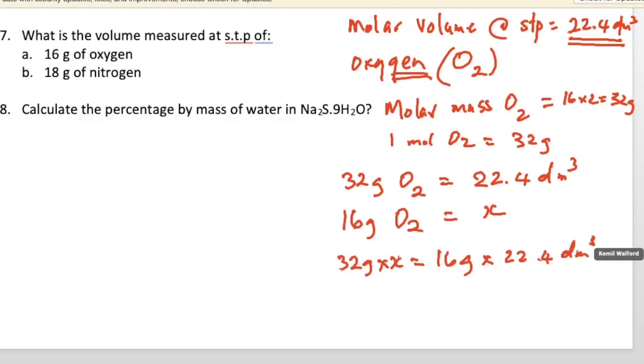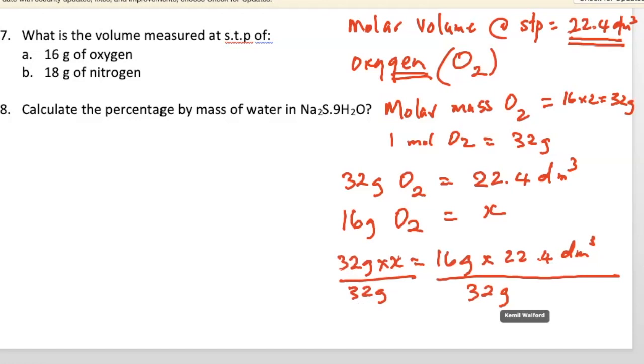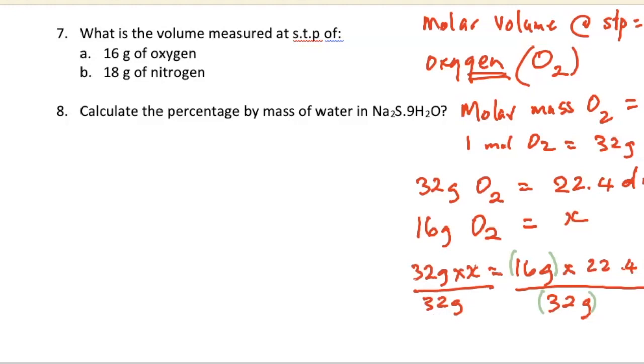And of course, we want to make x the subject, so we're dividing by 32 grams on both sides. When we divide by 32 grams, you'll see that there's a portion where 16 is being divided by 32, which is the same as saying half. So we'll end up with half times 22.4, and half of 22.4 is equal to 11.2 dm cube.